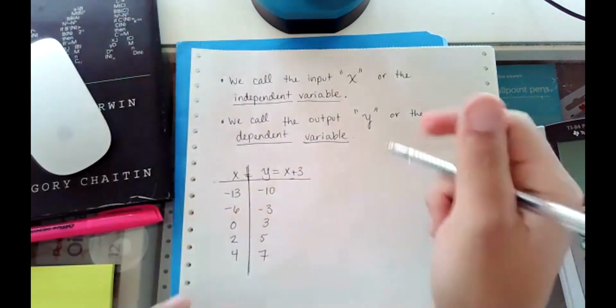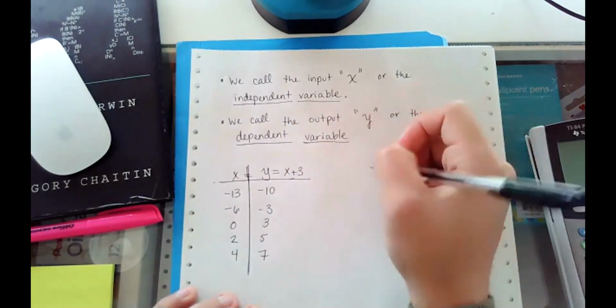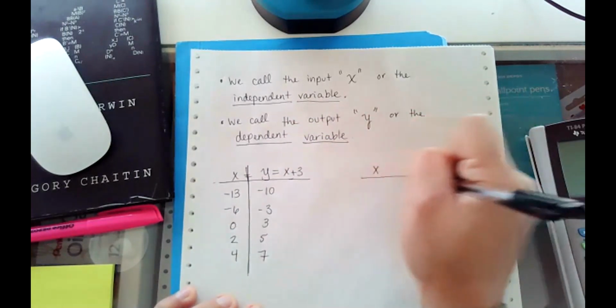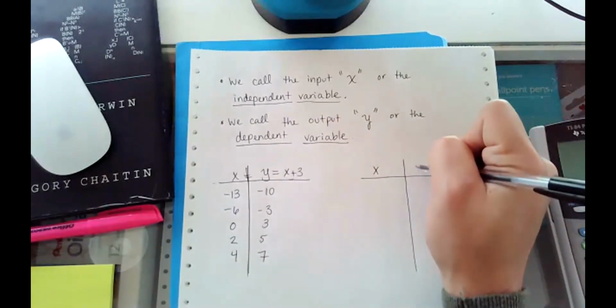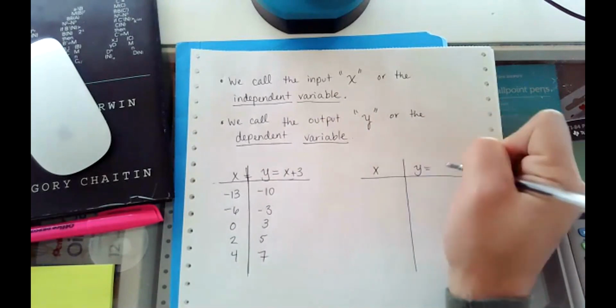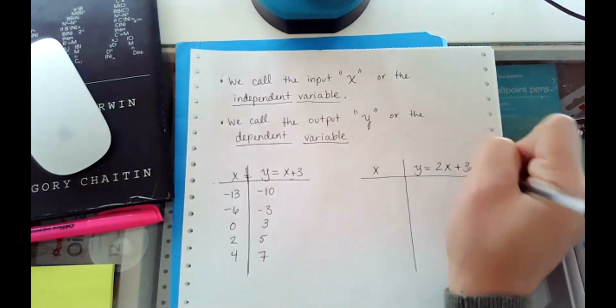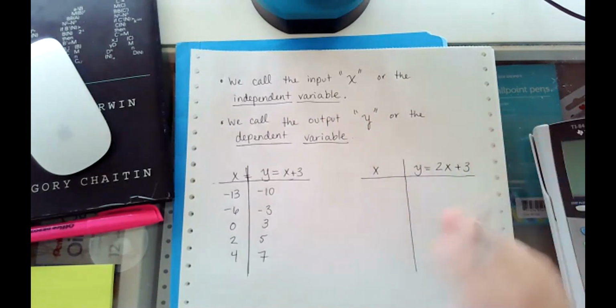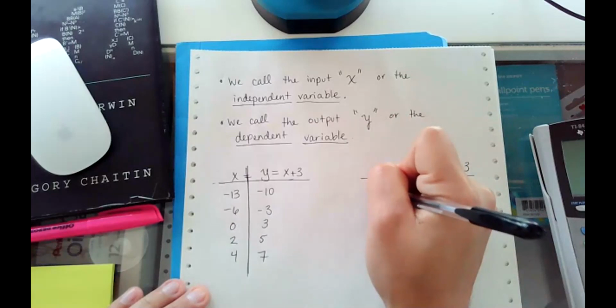So that was our first expression, but we could look at two different expressions side by side. We might make another table. And just for simplicity's sake, let's say that this expression will be y is equal to 2x plus 3. And again, I'm just going to keep the same values for our inputs.